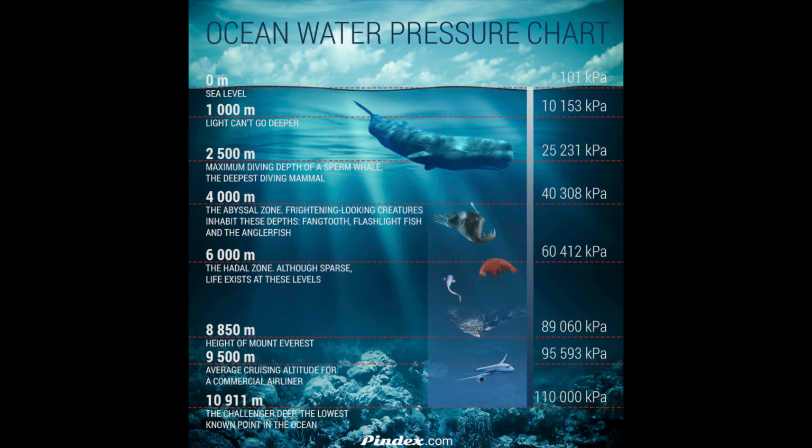So if you're down at the bottom of the ocean, you would have all of the weight of the water on top of you pressing down against you, and you would literally be crushed. That's similar to the air pressure at sea level, except there's not so much that it crushes you.